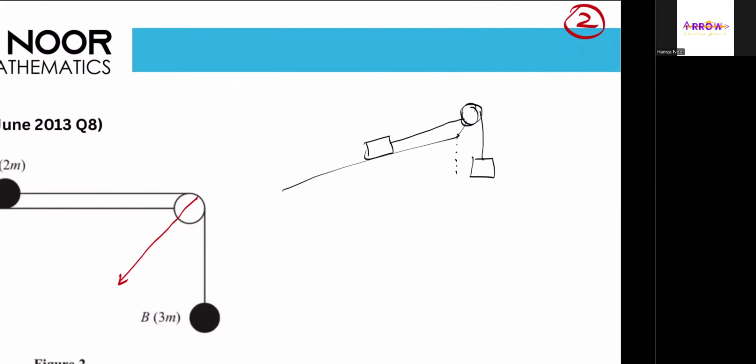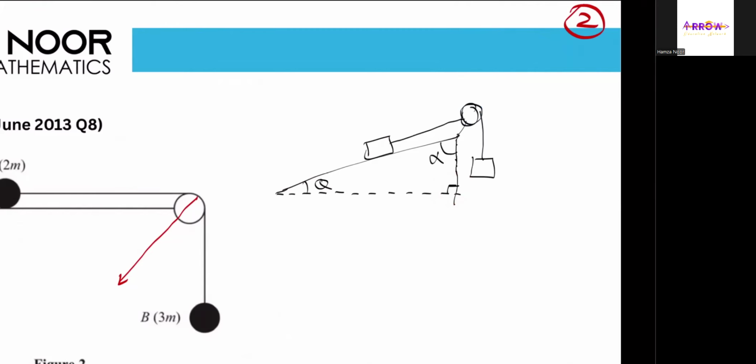Let's say the inclined plane is inclined at an angle of theta degrees to the horizontal. So let's say theta is this angle. Obviously this horizontal and vertical are perpendicular to each other, so this angle is equal to 90 degrees. Let's say we have the angle between the two tensions as alpha.